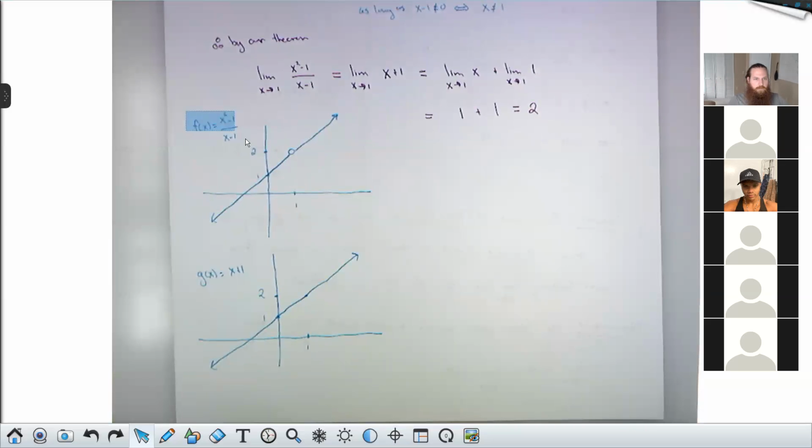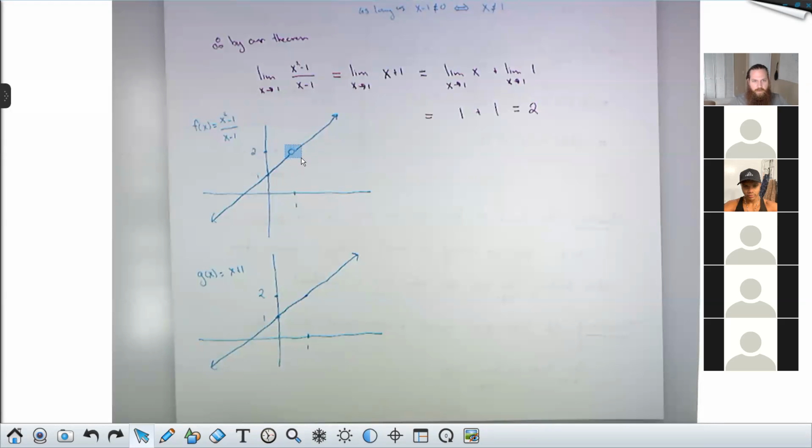The difference is f of x has a hole at 1. G of x does not have a hole. But the idea of the limit, what I want to do is find the limit of this function as x gets closer and closer to 1. The value of that limit is the y value of this hole.